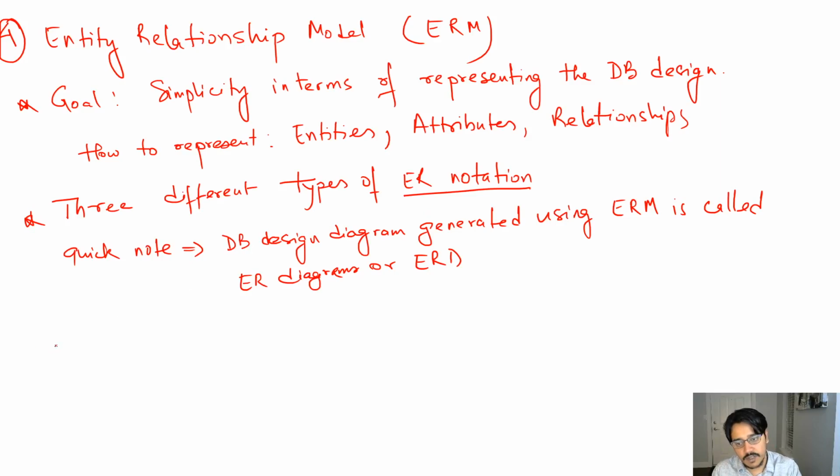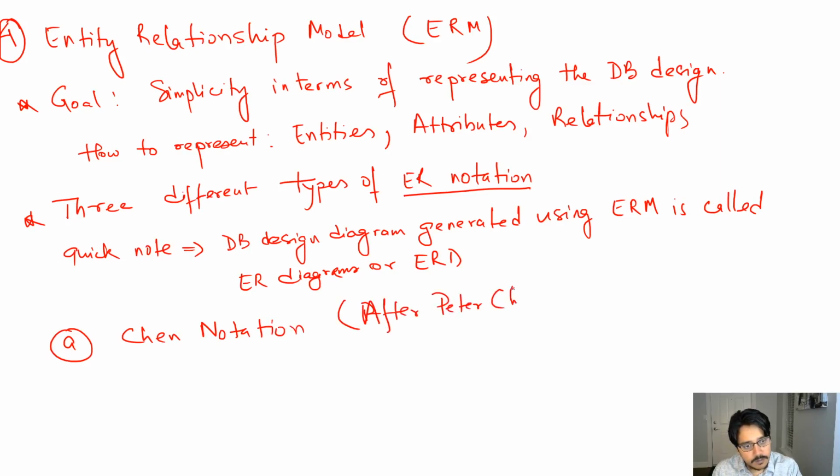So there are three different types of notations that are available to you. The first one is known as the Chen notation, named after the person who developed it, Peter Chen. And then you have the crow's foot notation, which is now the standard.